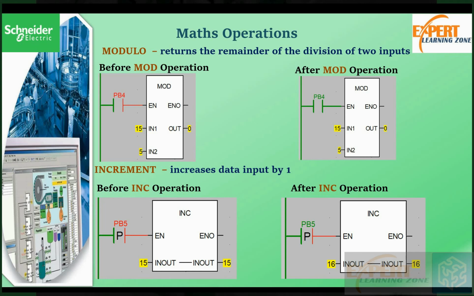Okay, so before the block was enabled, the data at the input was 15. So you can see in-out 15. Now when this push button is activated, for one scan cycle, it has incremented the data by 1 and sent it to the output, and the next cycle the data becomes the input.